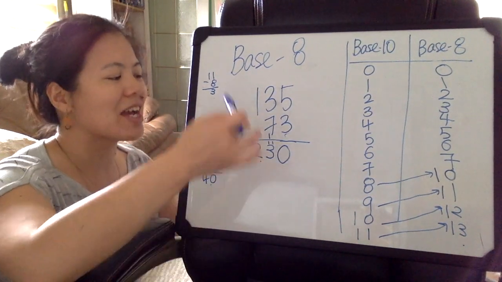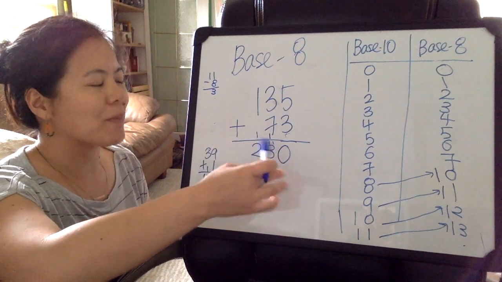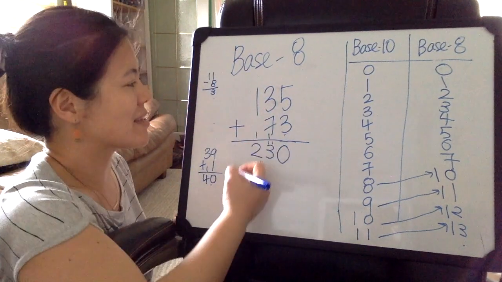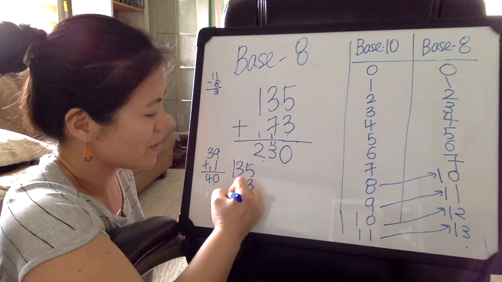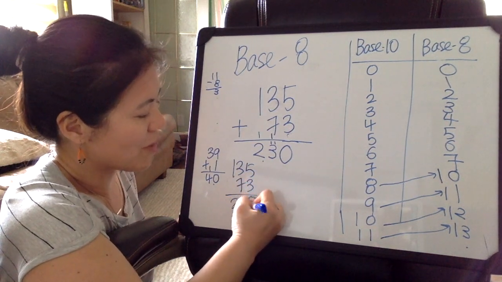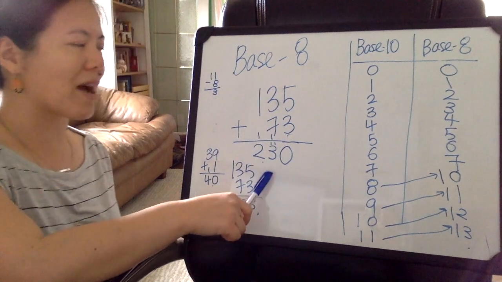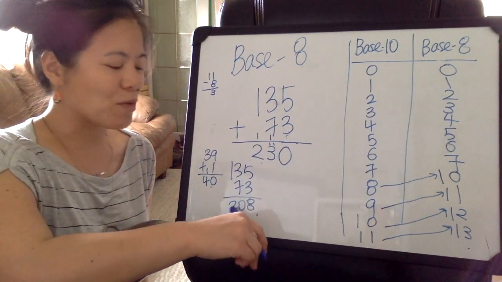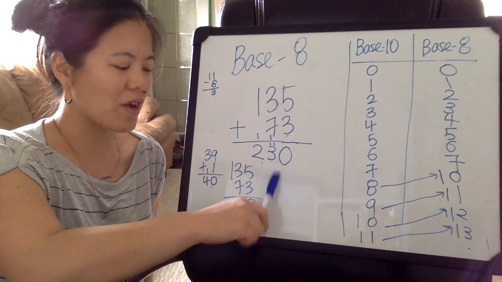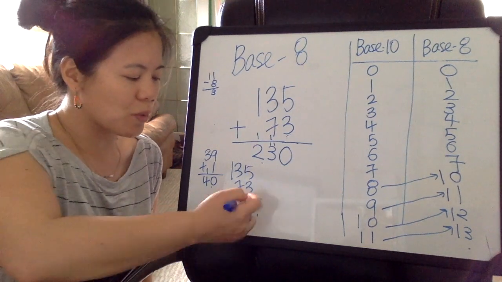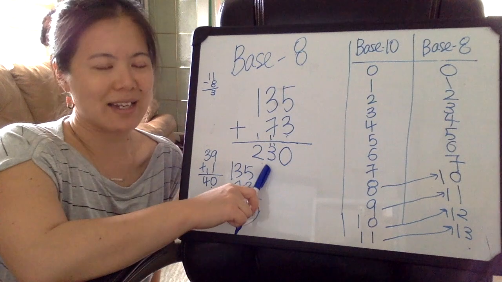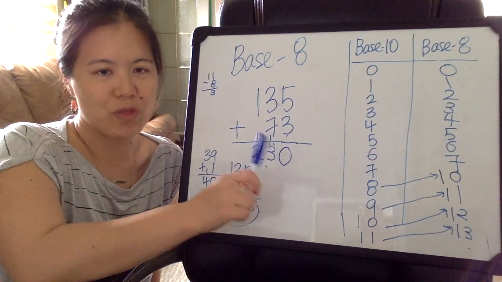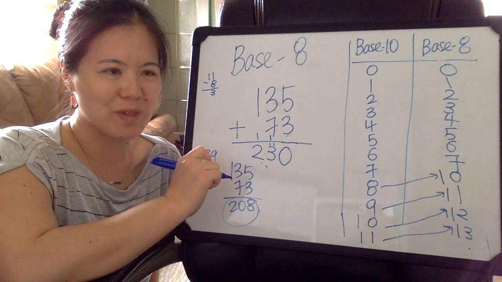What I'm saying is, if I'm using base 10, of course, this is going to be 208. But if I'm using base 8, I'm representing this 208. It is going to be represented as 230. That's how you're going to represent it.